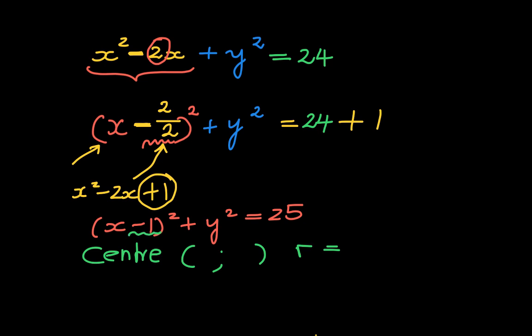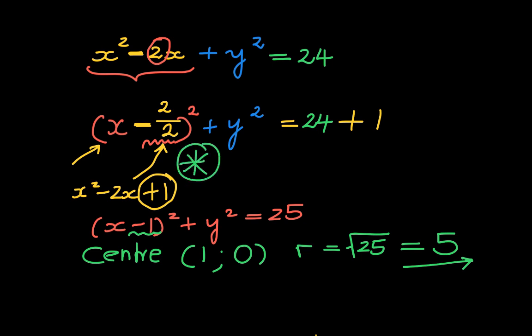The coordinates of a center are x coordinate 1, y coordinate 0, and the radius is square root of 25, which you don't have to write as long as you write that the radius is 5 or the radius is 5 units.